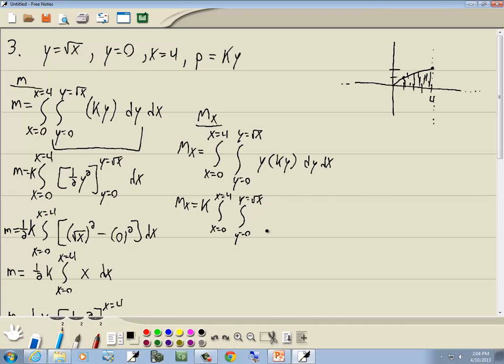Y times y is y squared, dy dx. Okay, now let's do the inner integral. K stays out in front. X is equal to 0 to x is equal to 4. Y squared. We add 1 to our power, divide by our new power. So we've got 1/3 y to the third from y is equal to 0 to y is equal to square root of x dx.